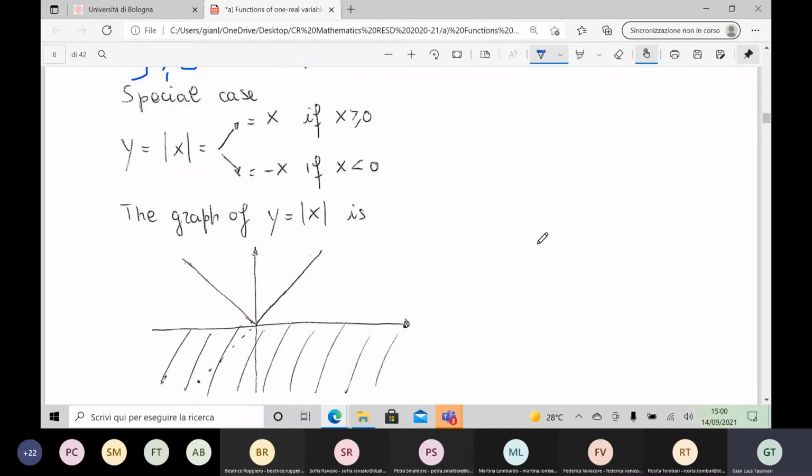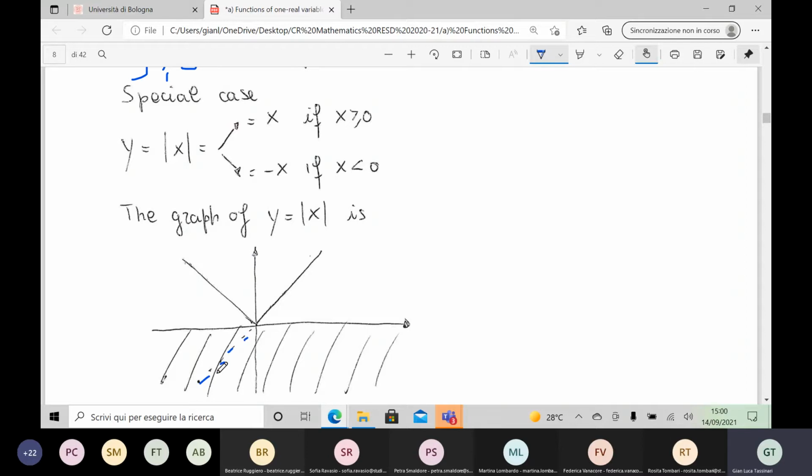For example, start from the first branch. For x greater or equal than 0, you need to plot y equal to x. Which is y equal to x? The graph of the bisectrix, a straight line, the bisectrix of the first and third quadrant.